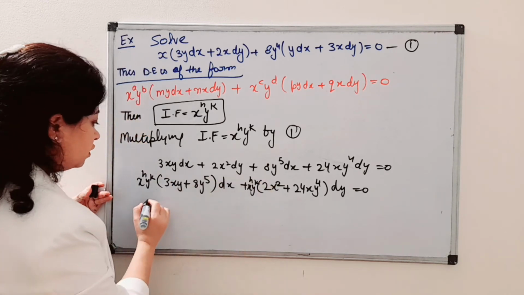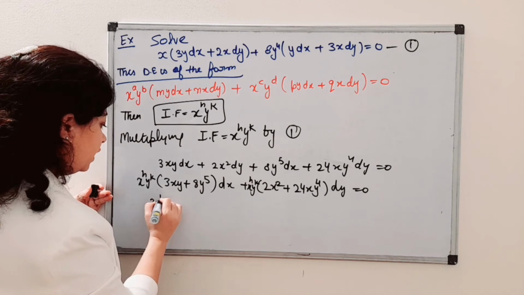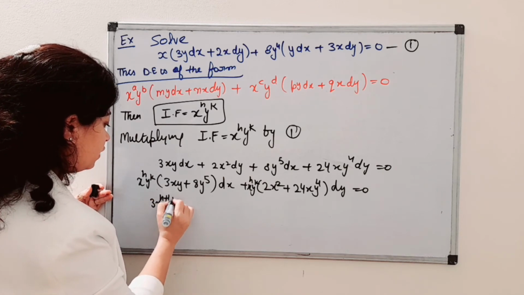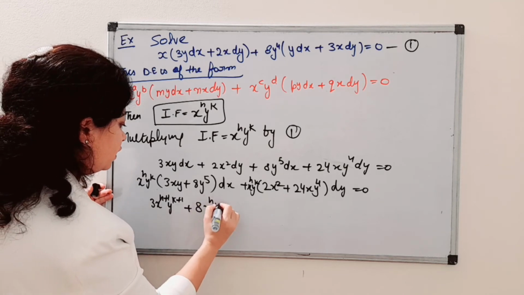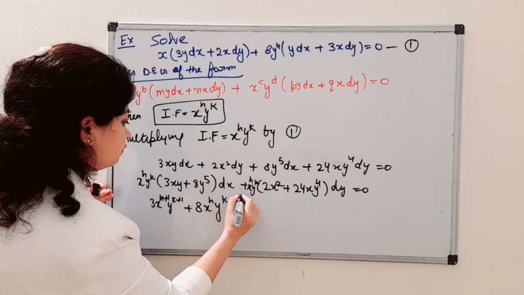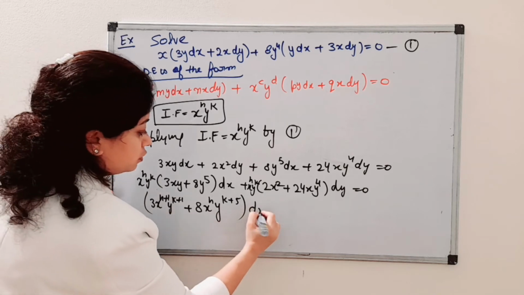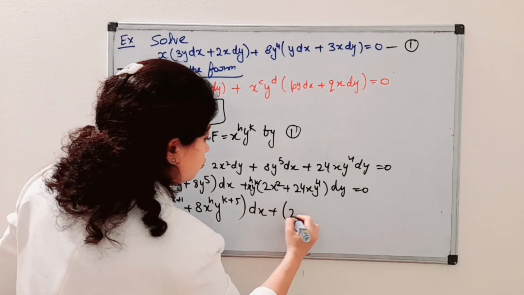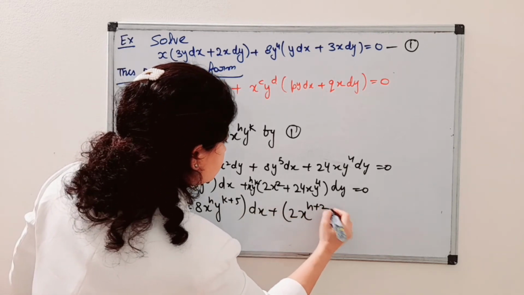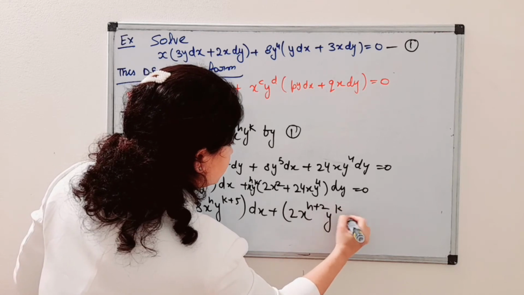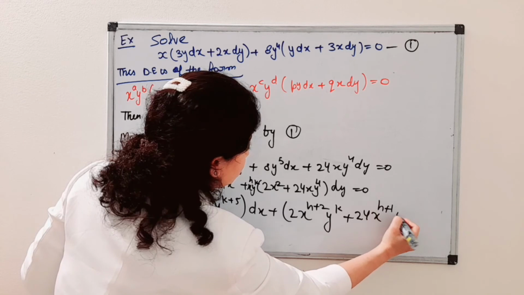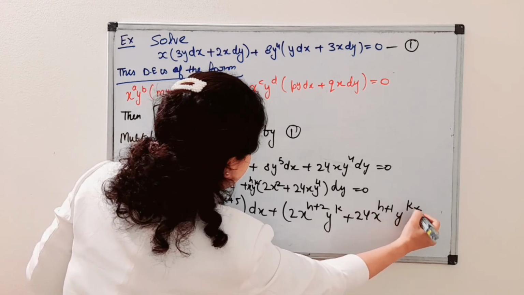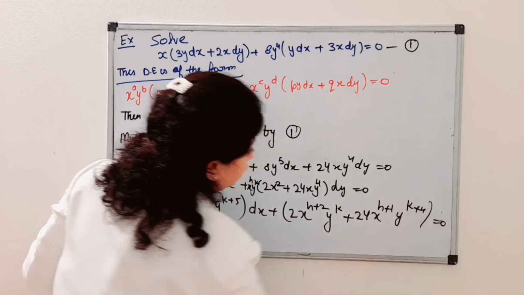What we will get? We will get (3 x raised to power h plus 1, y raised to power k plus 1 plus 8 x raised to power h, y raised to power k plus 5) dx plus (2 x raised to power h plus 2, y raised to power k plus 24 x raised to power h plus 1, y raised to power k plus 4) dy equal to 0.